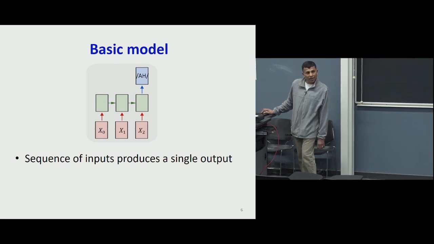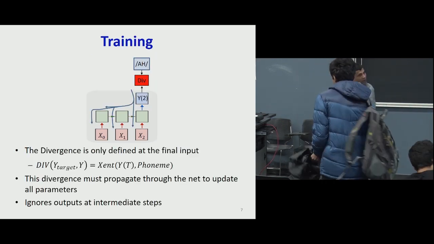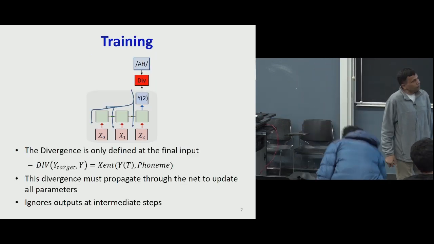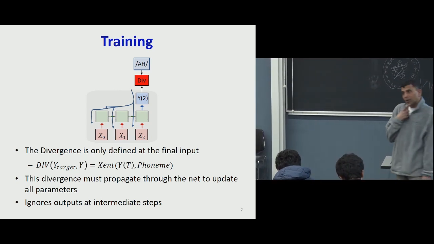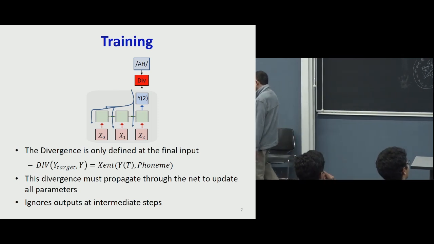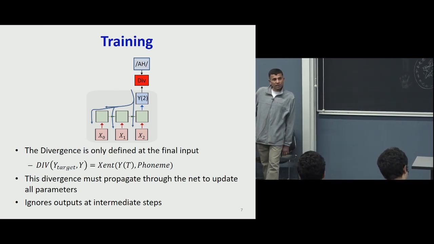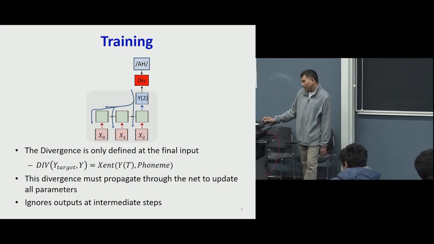When we train for something like this, the only place where you actually have any notion of error is when you get the final output, which is at the final time instant. So that is the only place where we can legitimately define a divergence, and the derivatives of that divergence must be fed back to update parameters everywhere.